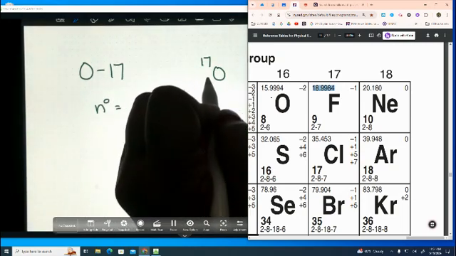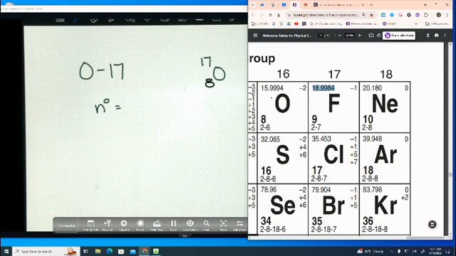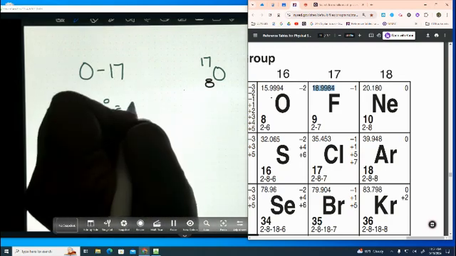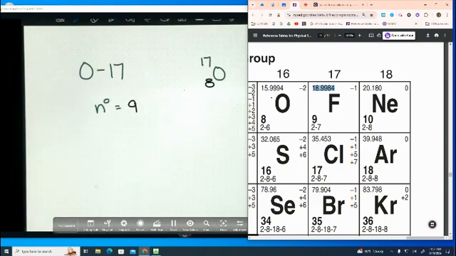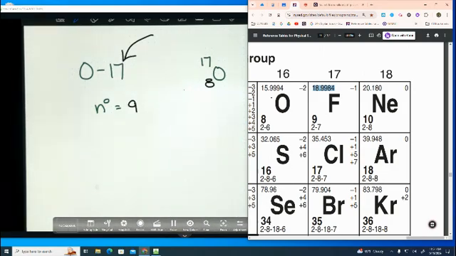Well, you know what this number is, right, for oxygen? It's 8. So the number of neutrons in oxygen 17 is going to be 9. Okay? It is not the most common one, but they told us the mass number, so that's what I'm using.